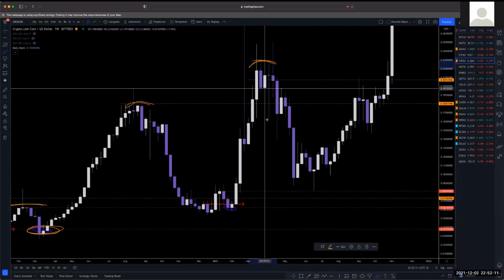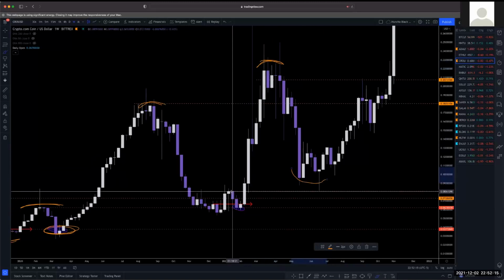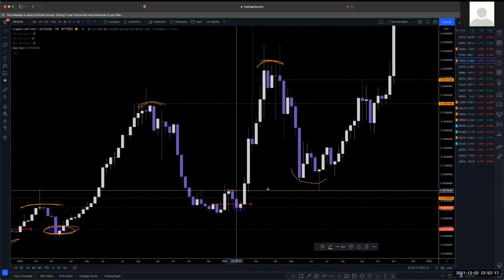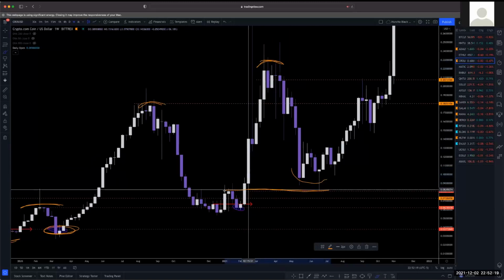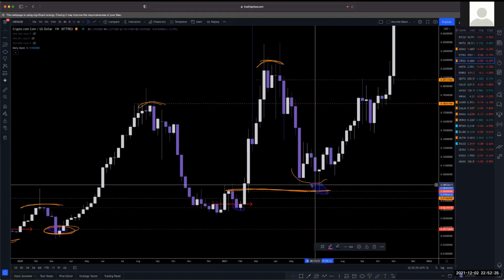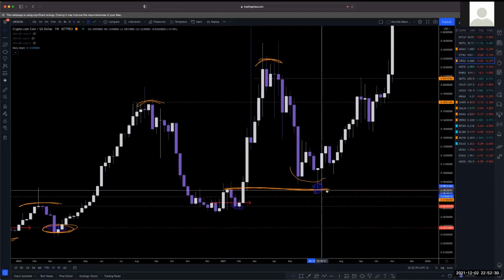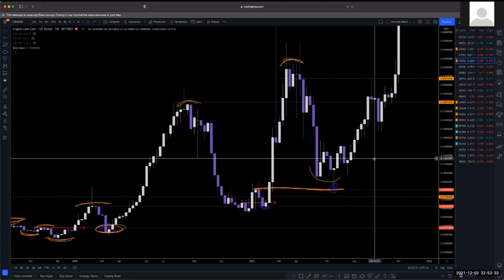That then pushes down lower and creates a new lower low. And what do we come right back down to and revisit? Our daily resistance level, meaning here's your third entry. Remember, the higher the time frame, the stronger your resistance.